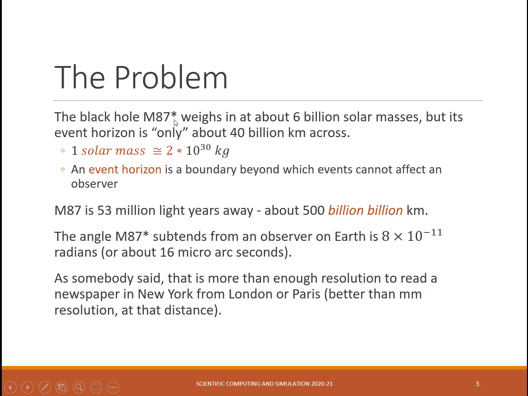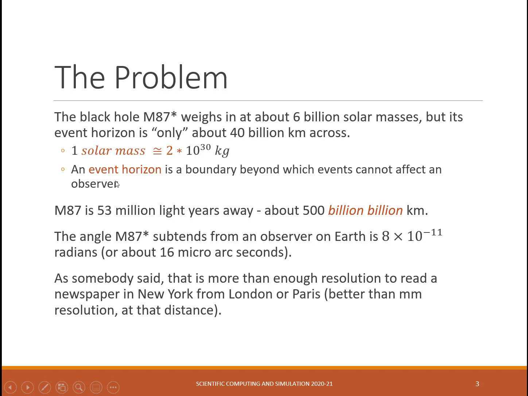M87* weighs in at about 6 billion solar masses, but its event horizon is only about 40 billion kilometers across. The solar mass is a standard unit of mass in astronomy, where one solar mass is equal to approximately 2 times 10 to the power of 30 kilograms.